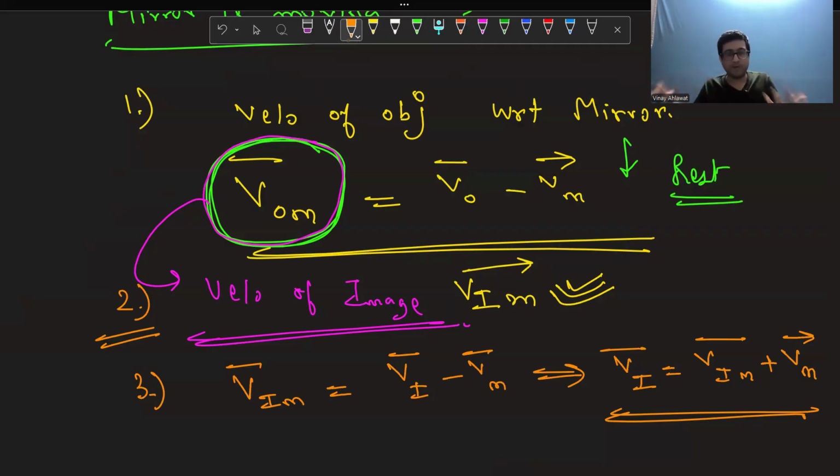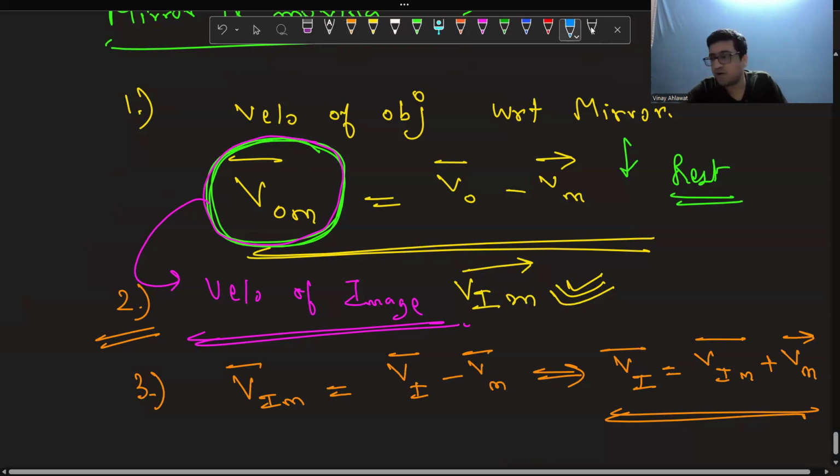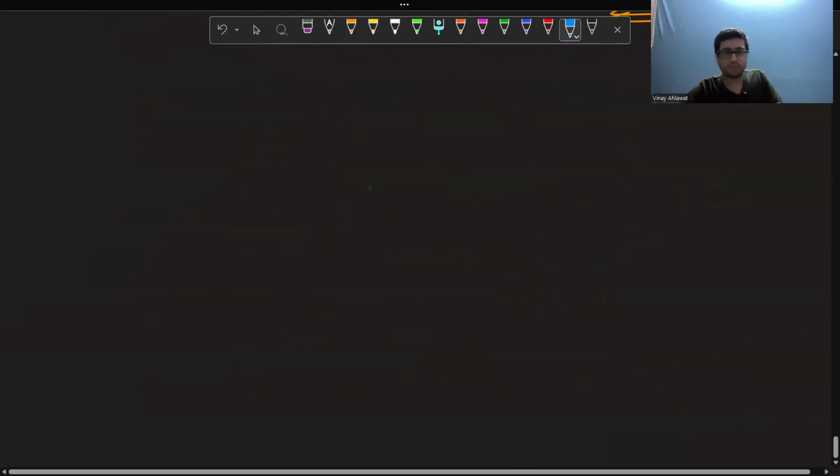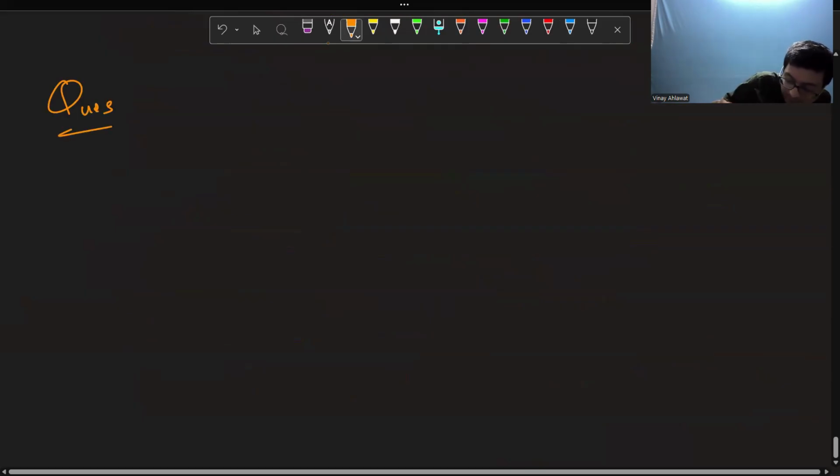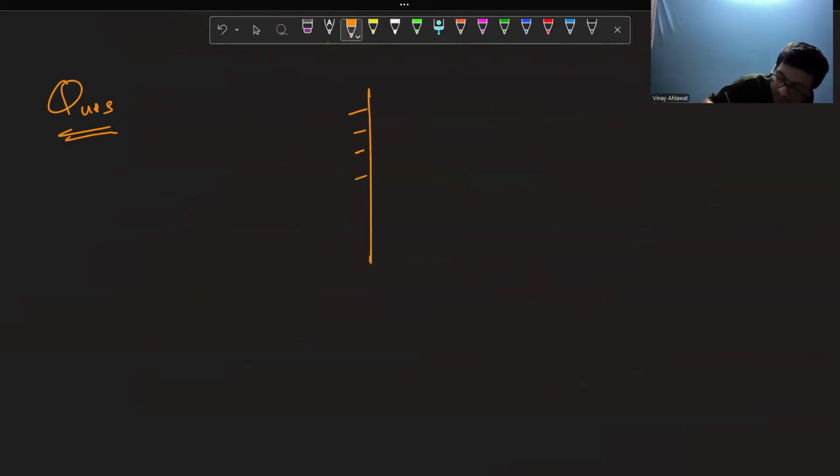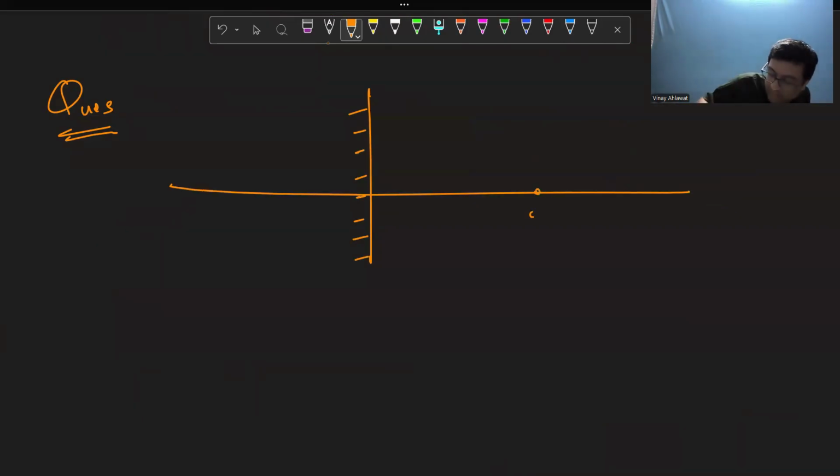Should we do a question? Let's try. Suppose I have a plane mirror. This is the object. The mirror is moving with 2 meter per second.